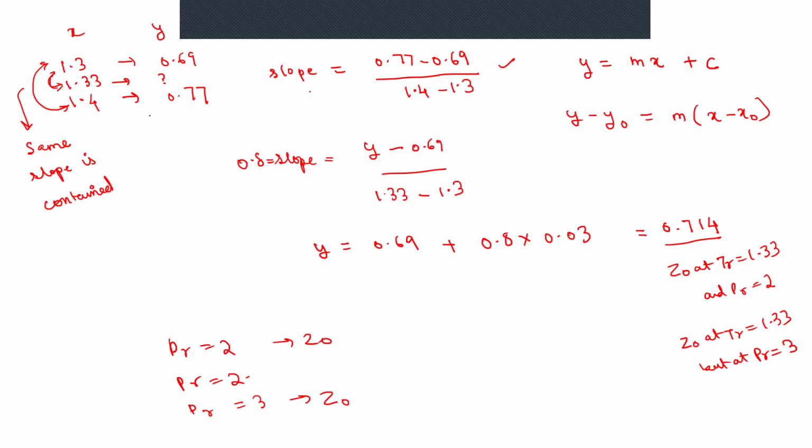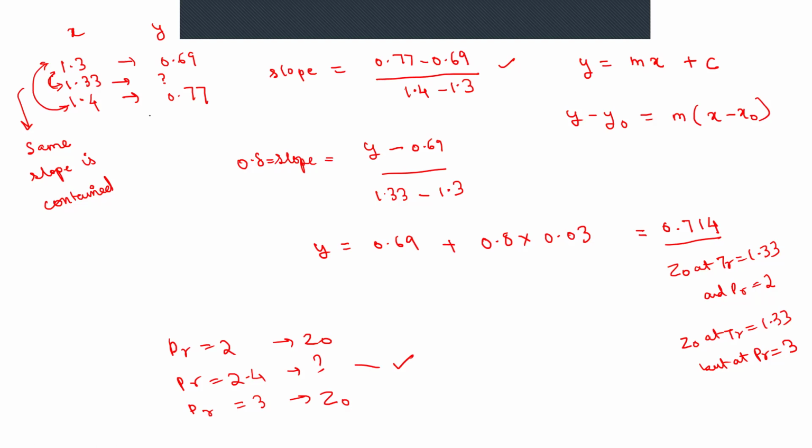The way we have found here, similarly you will find the Y here, which is the correct value of Z naught at that TR and that PR. If there is so much difference only, this value is going to change so much. If it is not there, you can take approximation here, right?